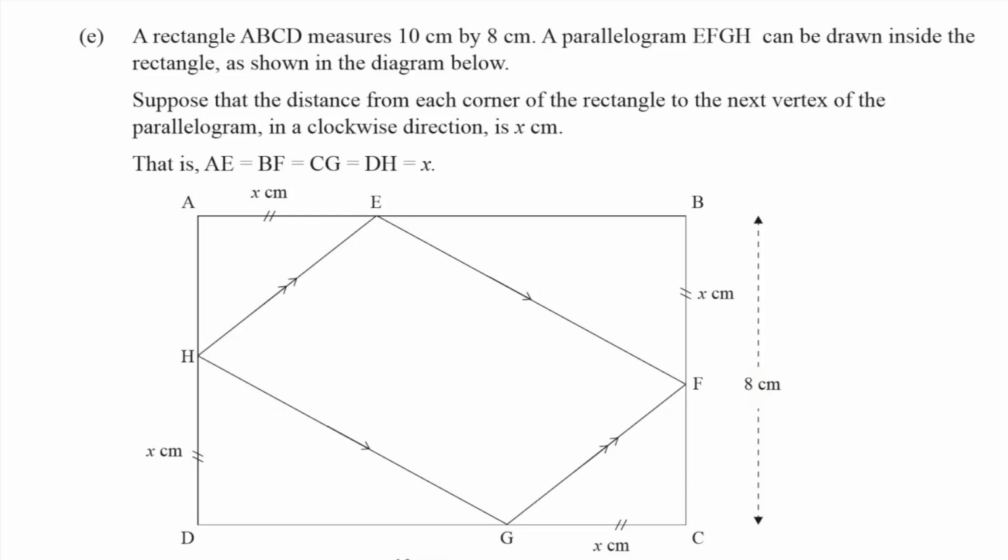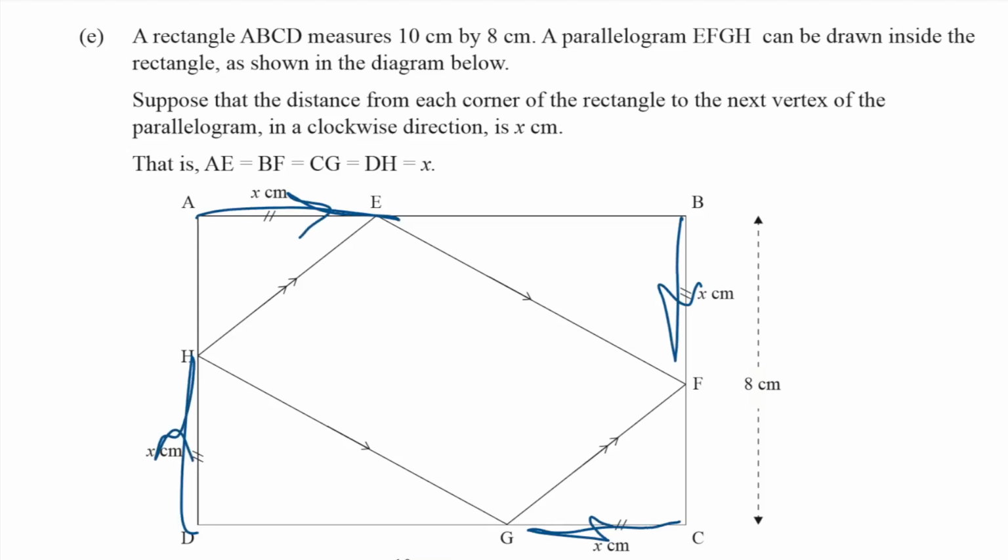So we have a rectangle, wonderful, with a parallelogram, another beautiful quadrilateral inside. So it kind of looks like a flag, but not really. We're given that the distance from each corner of the rectangle to the next vertex of the parallelogram is x centimeters in the clockwise direction.